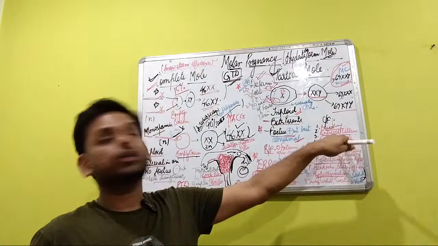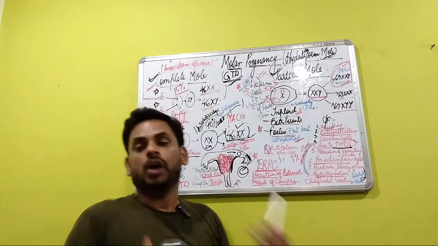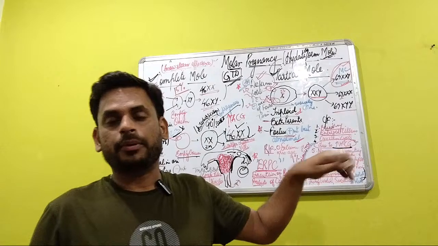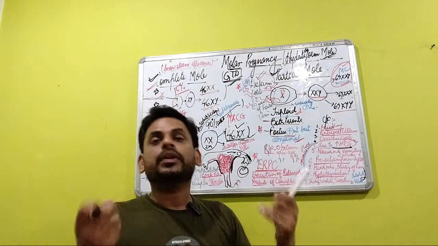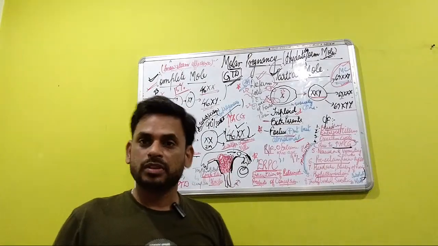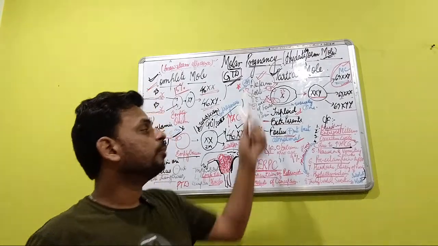This human chorionic gonadotropin hormone is going to mimic, or resemble, the thyroid stimulating hormone, and indirectly sends signals to the thyroid gland to secrete abnormal quantities of thyroxine hormone, leading to the symptoms of hyperthyroidism in women affected with molar pregnancy.